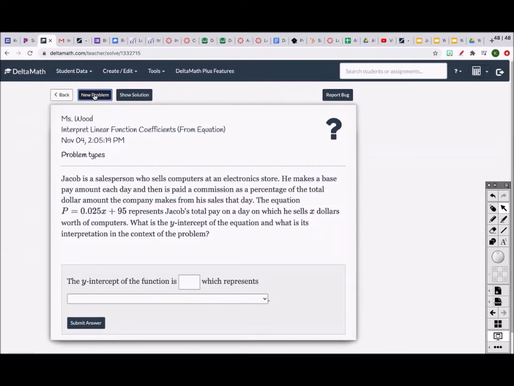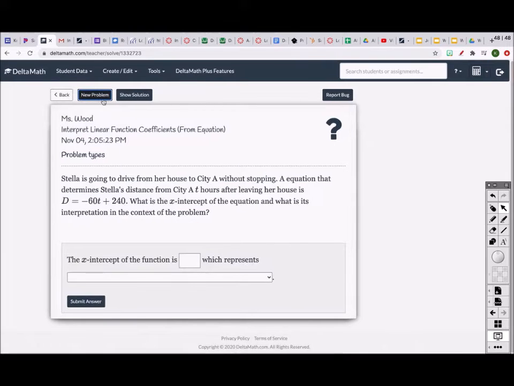Let's get a new problem. Okay, the third kind of question is this, where it asks for the x-intercept. For the y-intercept and for the slope, it gives us that information in the equation. So if we're looking at this particular equation, I know that it starts at 240 and it goes down 60 each whatever time it is, whatever t is.